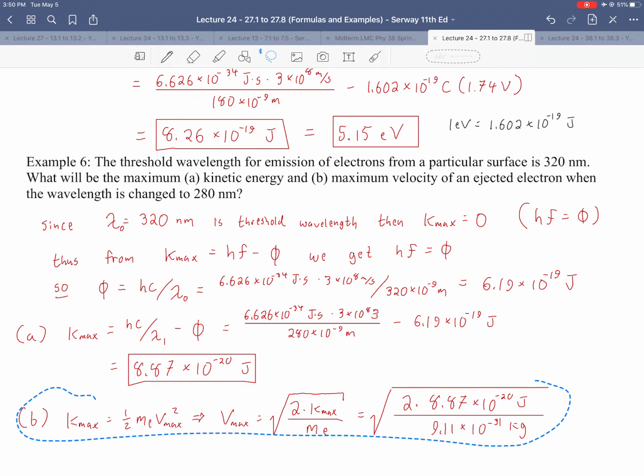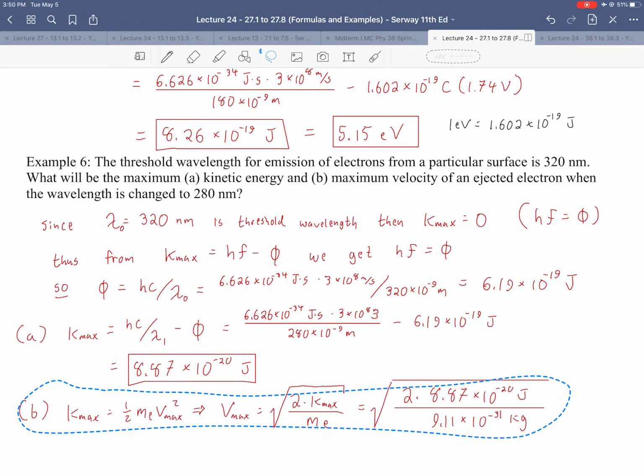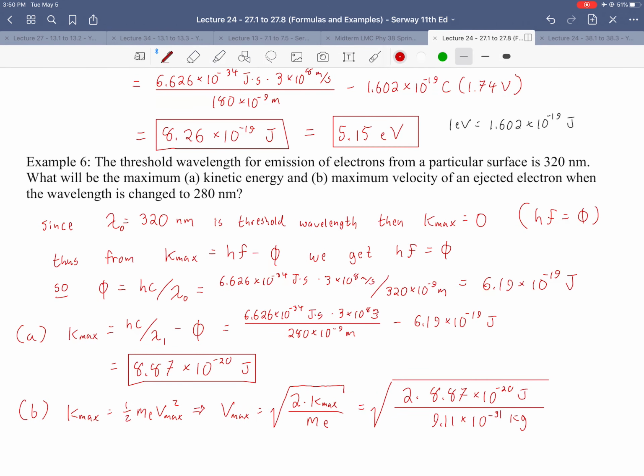And that gives us a value of 4.41 times 10 to the 5 meters per second. Not so sluggish, right? Tiny amount of energy, but very, very tiny particle.